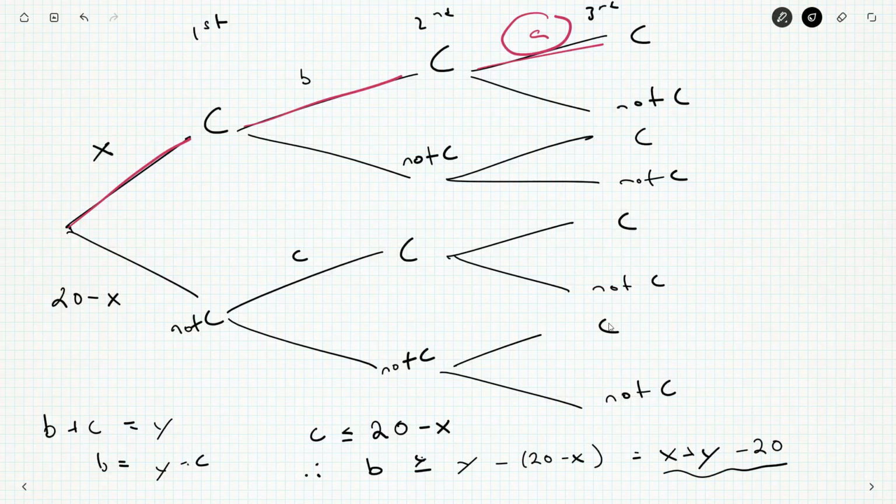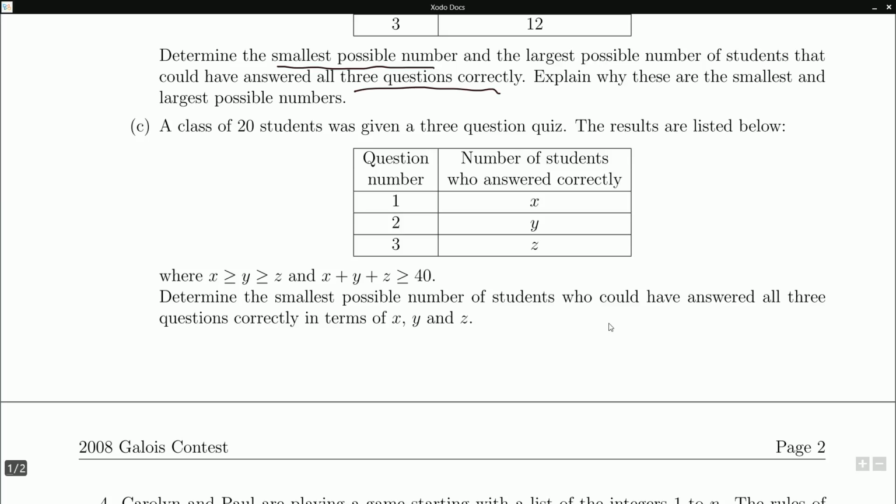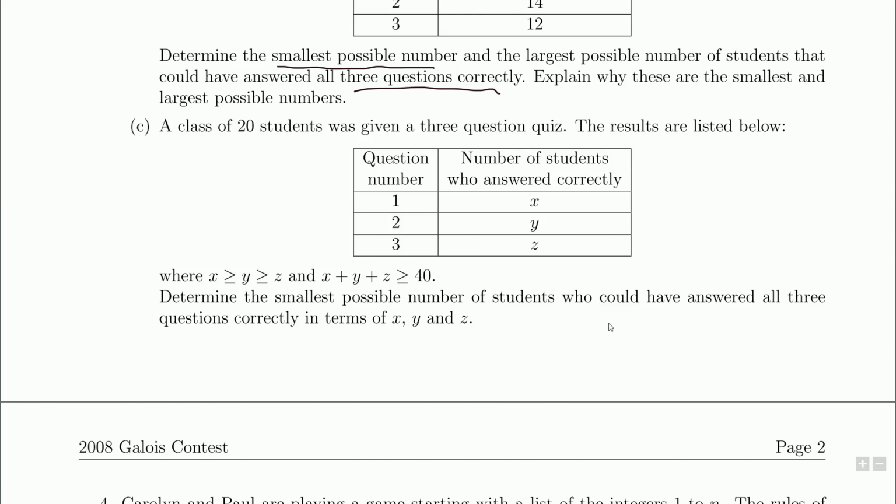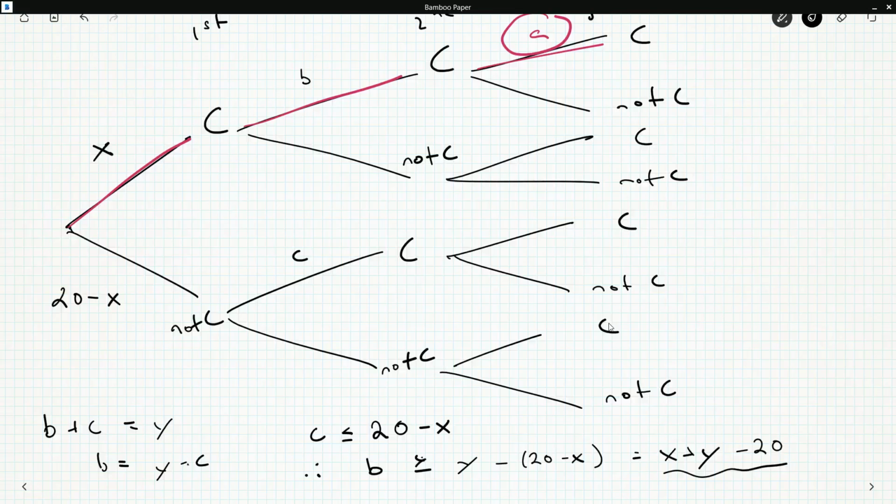Now, here's me worrying, is X plus Y definitely greater than 20? I don't think I can... Oh, yes, it would have to be. I'm just going to write that off to the side.